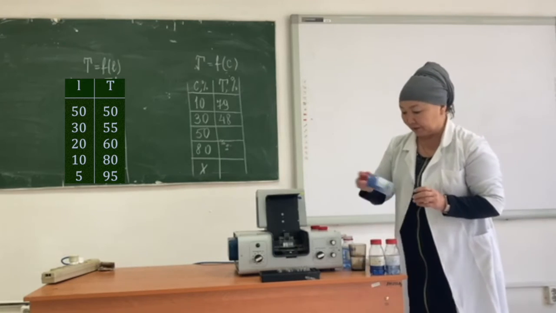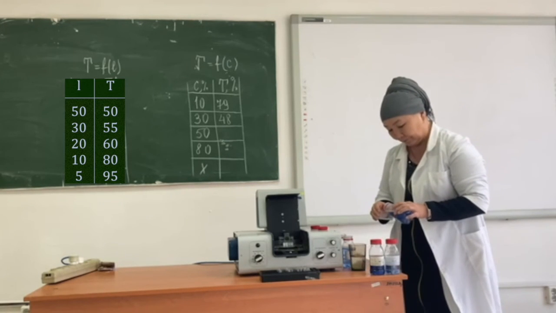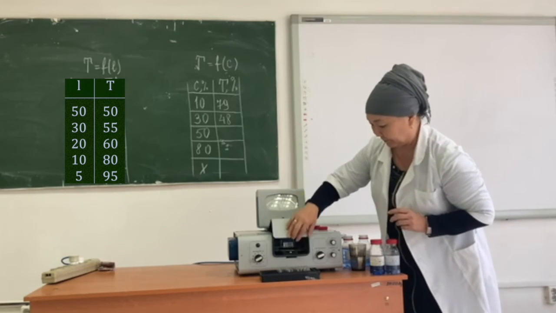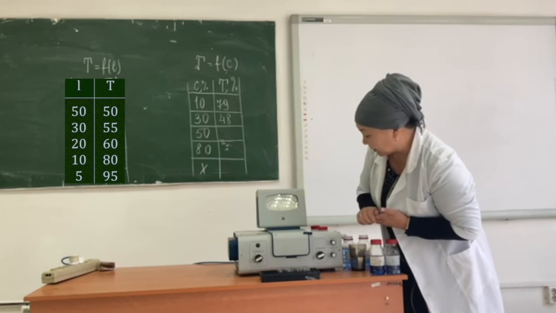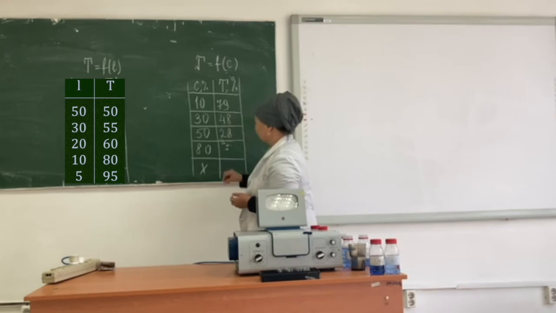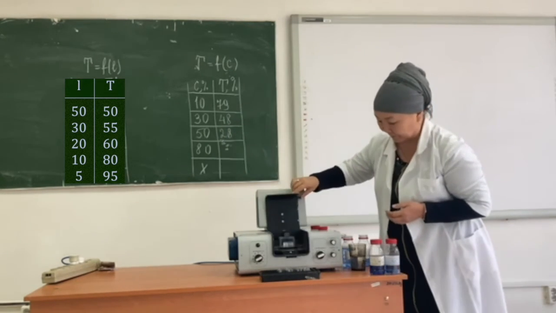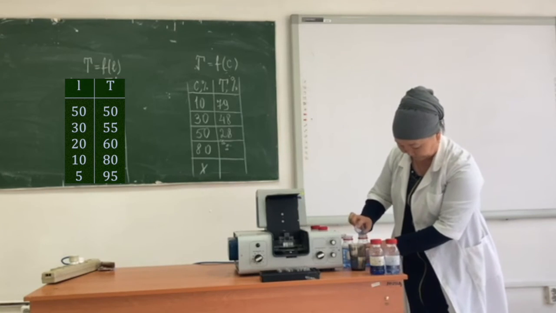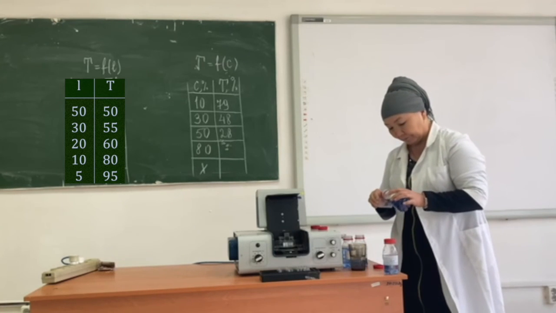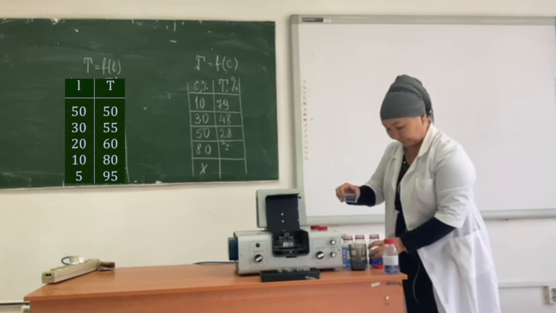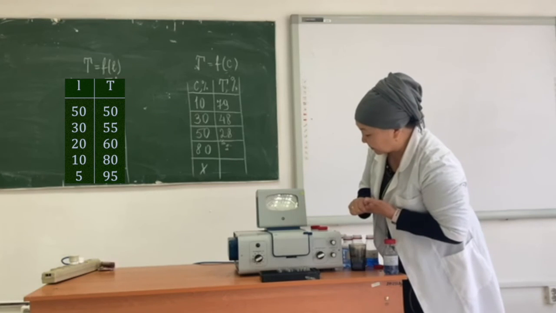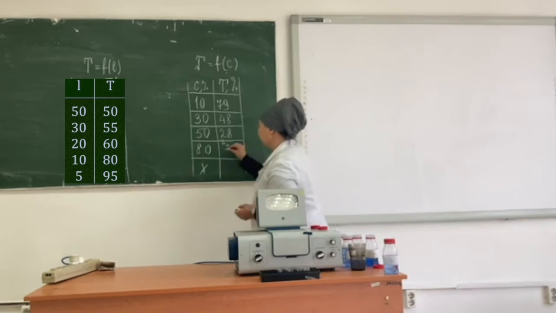Let's take a 50% solution. At this concentration, the transmittance is 28%. The transmittance of an 80% solution is 15%.